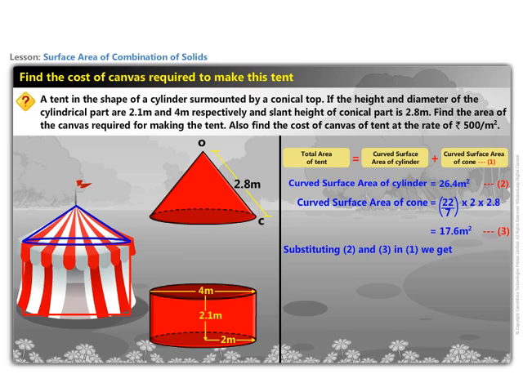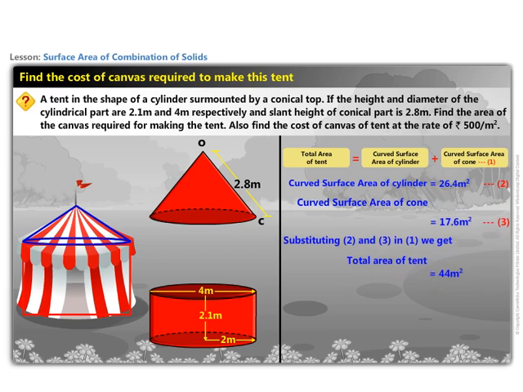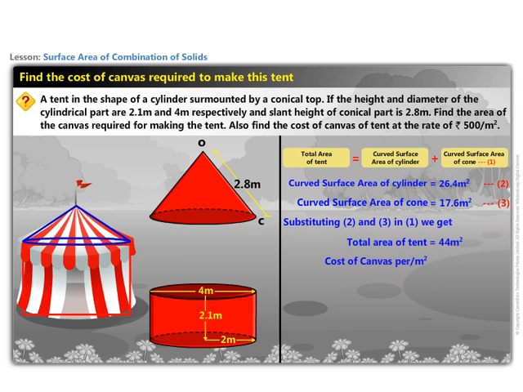Now, substituting the computed values of curved surface areas of the cylinder and cone into equation 1, we get the total area of the tent as equal to 44 meters square. It is given that the cost of canvas per meter square is equal to 500 rupees. Then, the total cost of canvas for the tent is obtained by multiplying the total area of the tent and the cost per meter square, which is equal to 22,000 rupees.